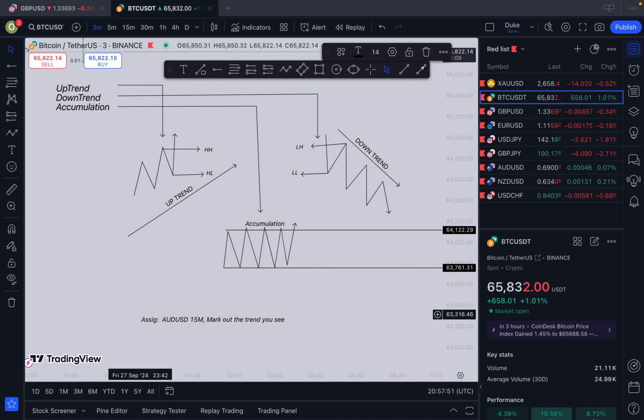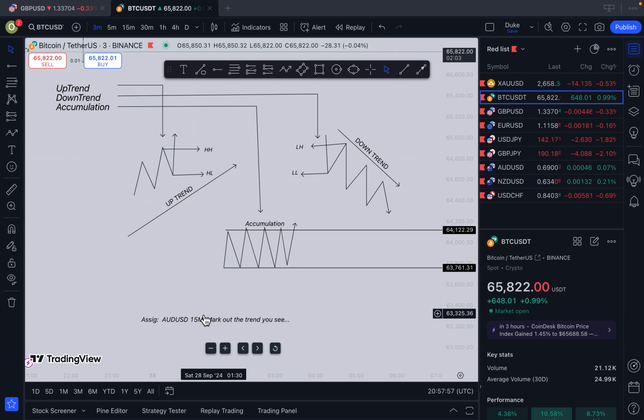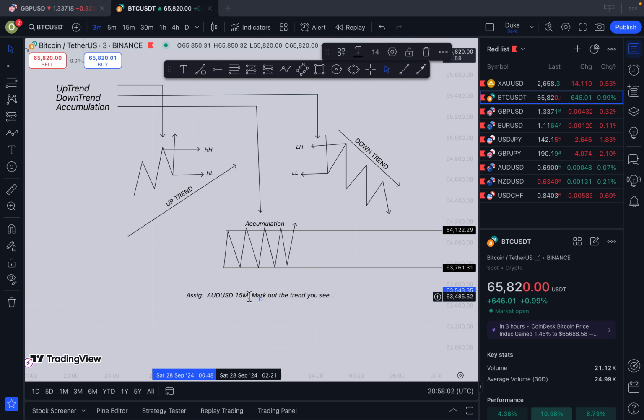If you know what you are seeing, mark it out. If you are sure of what you are seeing, mark it out. That is the question. That is your assignment: AUD USD, 15 minutes. Mark the trend you see there.